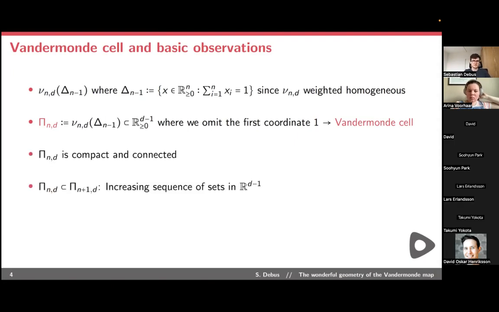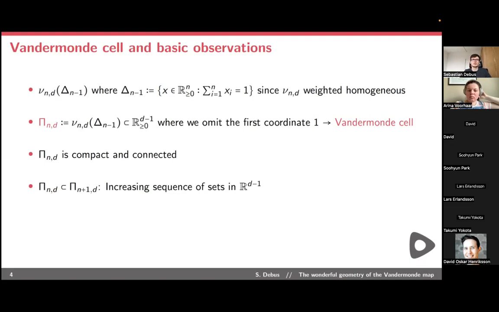Some observations. So this Vandermonde cell is compact and it's a connected set. So why is this true? The probability simplex is compact and we have a continuous map. Yes, and it's also connected. And those Vandermonde cells for a fixed degree, they are nested increasingly because you have more freedom.